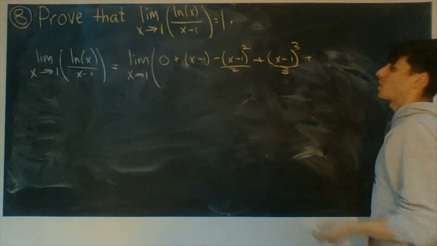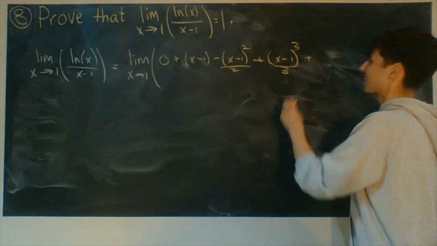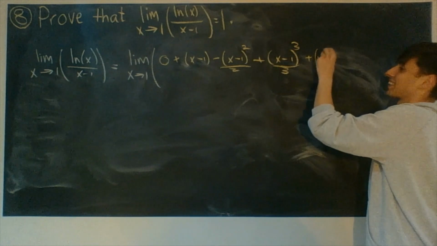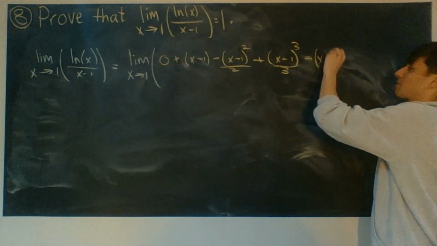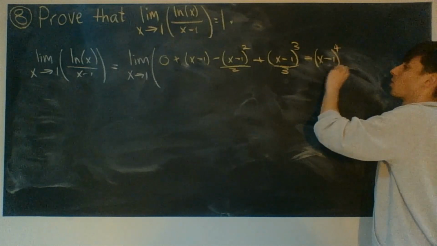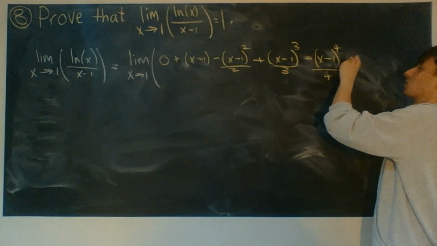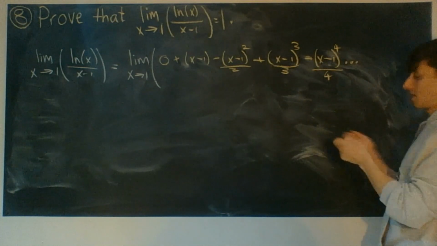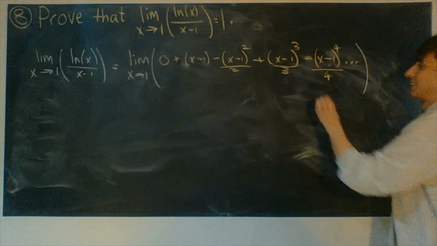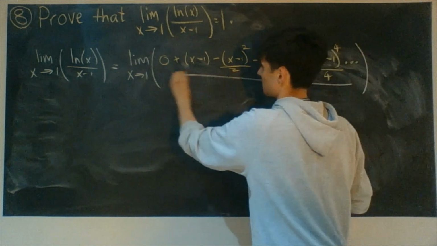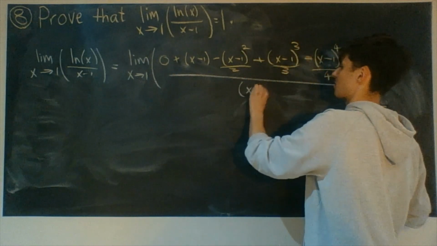Let's do one more term because we know what the next term is going to look like. This should be a minus x minus 1 power 4 over 4 dot dot dot. And this should all be in these nice big brackets. And on the bottom will be x minus 1.